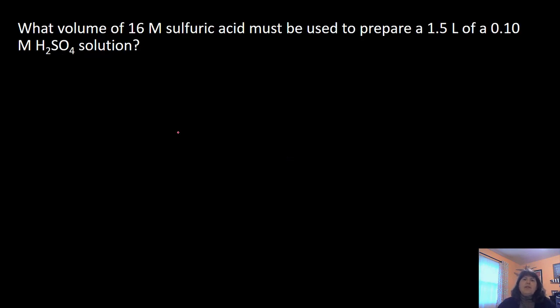This is very similar to that first problem that we did. So let's write out what we have. M2, V2. M1 is 16. V1, we don't know. But we know at the end of this, I need a 0.10 and 1.5 liters. Give it a try.